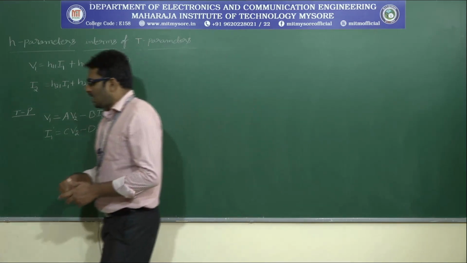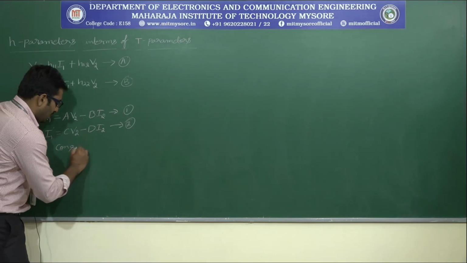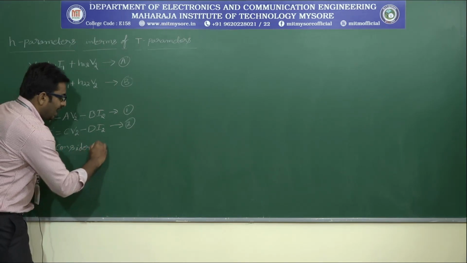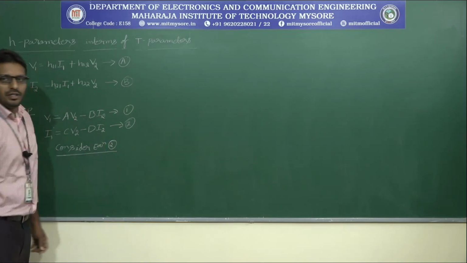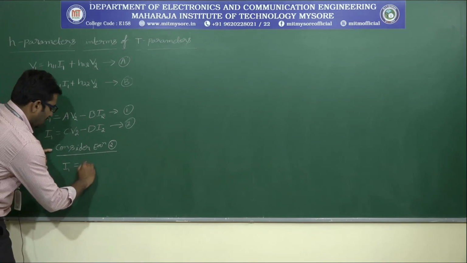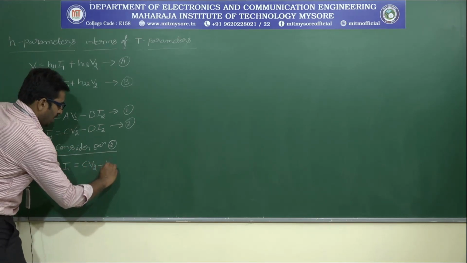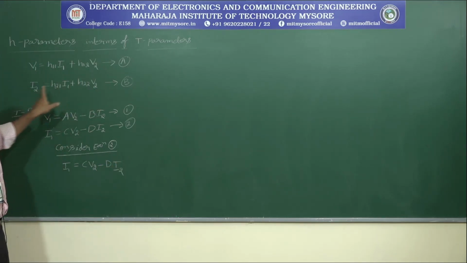Okay, now what is the next step? Consider equation 2: I1 is equal to C V2 minus D I2. What is equation B?